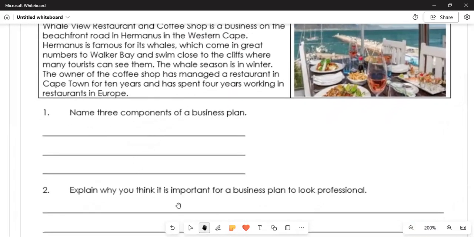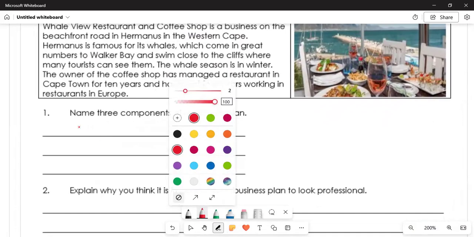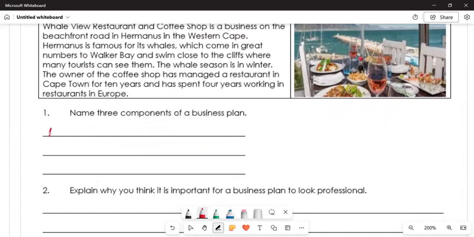So now we have to answer this question. Name 3 components of a business plan. With a business plan, we're going to talk about the format.